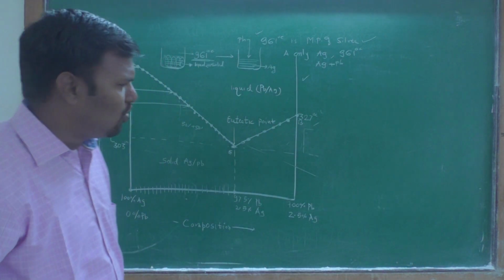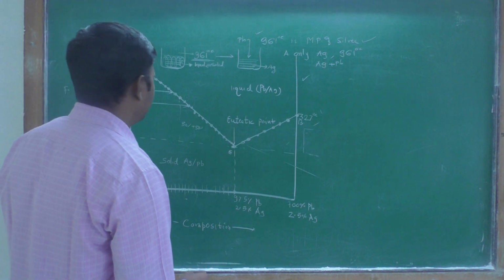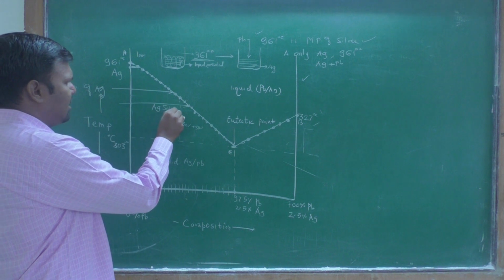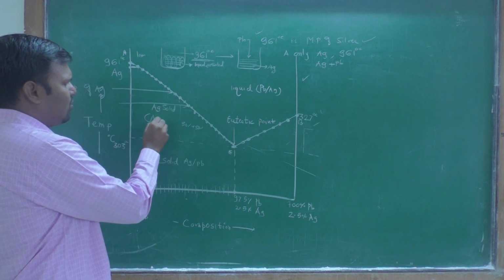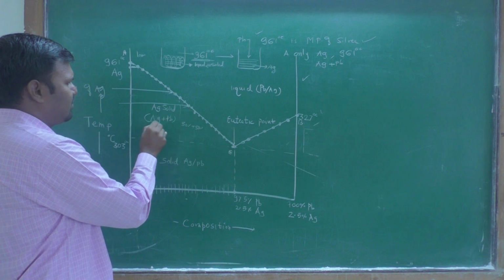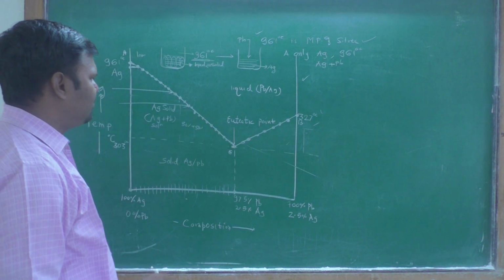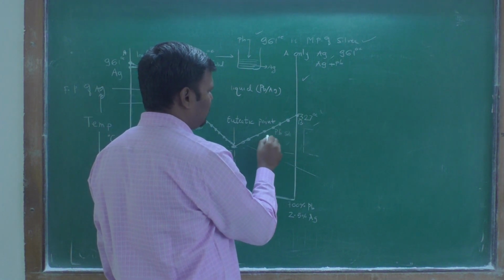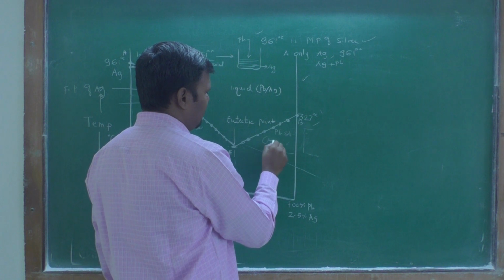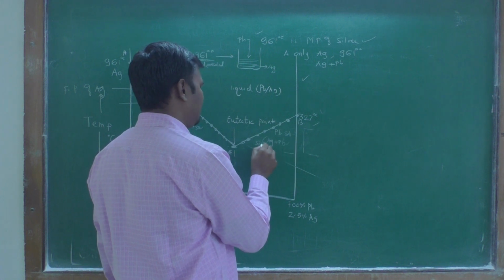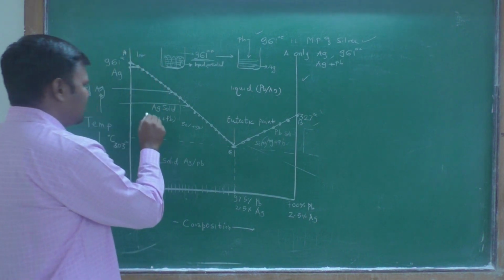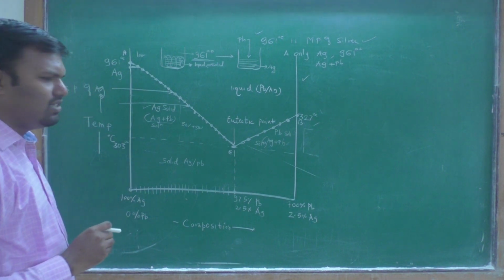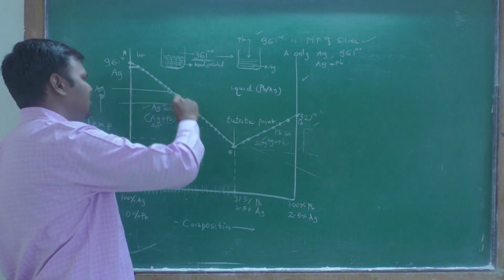We will summarize how many phases are present in this system. Here Ag solid is present, plus solution of Ag and Pb. Here Pb solid is present, and solution of Ag plus Pb. And here Ag solid is present, and solution of Ag and Pb, along this line.